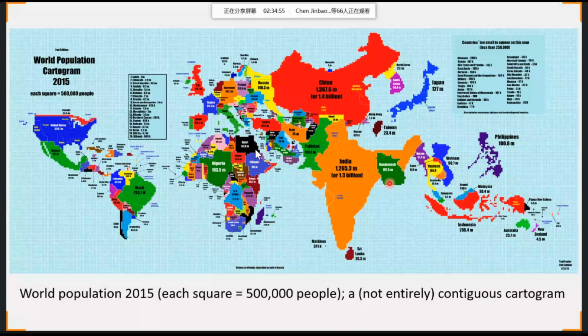For example, here, Vietnam, of course, has a border with China, but it's quite far away from China. So it was not possible to preserve it in that way, as the shapes have the priority for the preservation here, and therefore it's not totally contiguous. It's impossible.